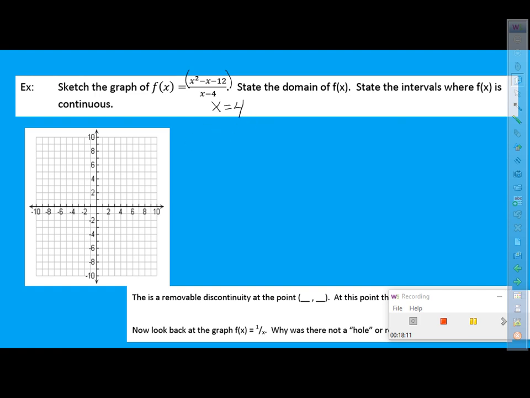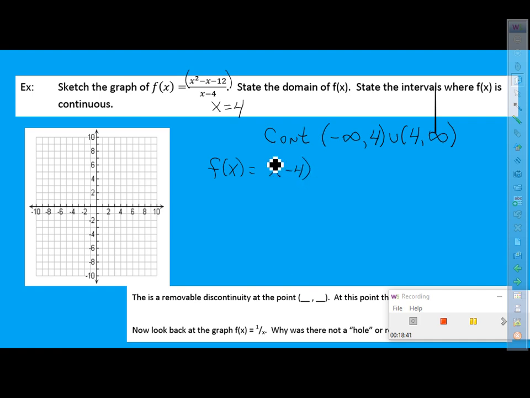And you already know what that is because we just tested over it. There's either going to be an asymptote or a hole. I also know that this thing is going to be continuous on the interval negative infinity to 4 and 4 to infinity.